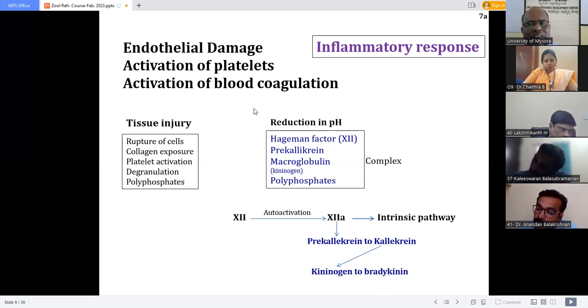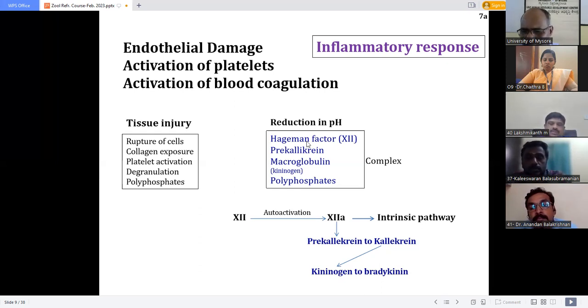Thus, whenever there is vascular damage, endothelial damage, platelets invariably get activated. When platelets get activated, blood coagulation is invariably triggered. So these are the acute phase responses in the inflammatory event.